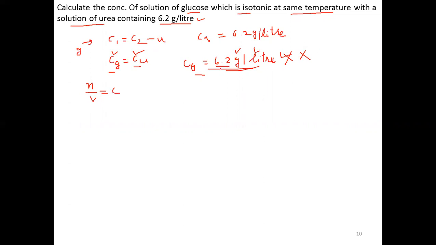First, we have to convert grams into number of moles. So that is the trick here. In a hurry, we do this: this is the concentration of glucose, 6.2 gram per liter, and this is the concentration of urea, and by equating this, this is the concentration of glucose. But actually, this is wrong.